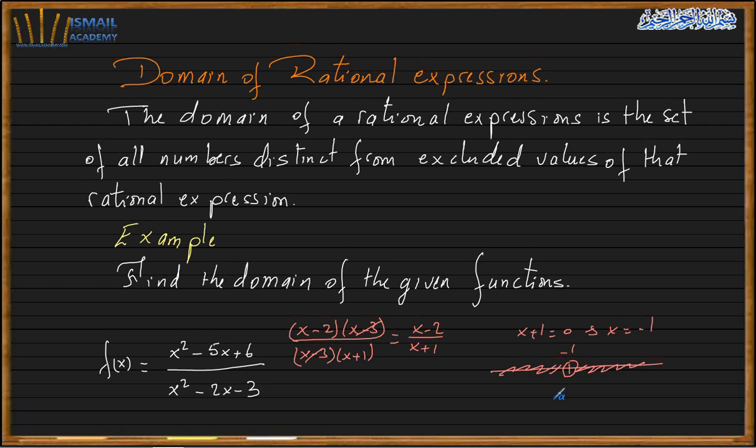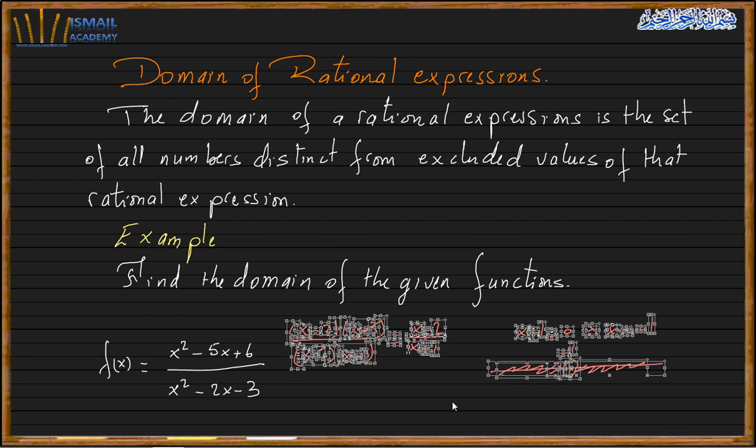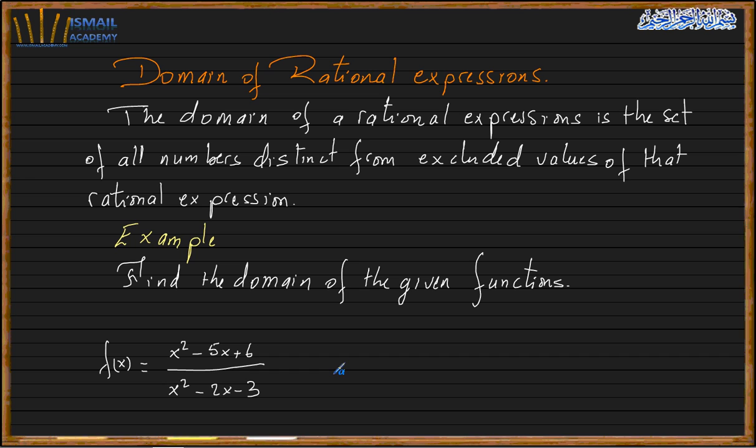But wait. We cannot have the expression unless the denominator is different from 0. So we simplify, but no, we need to find the domain from the original. Here I make the denominator equal 0. So x squared minus 2x minus 3 equals 0.